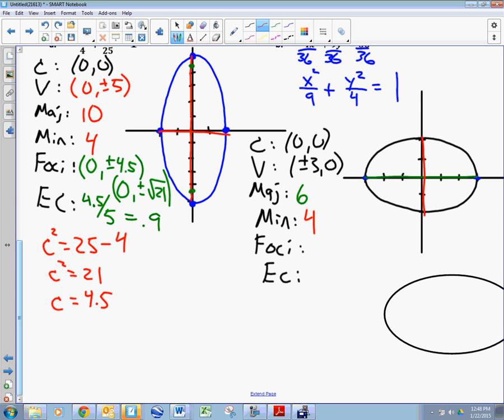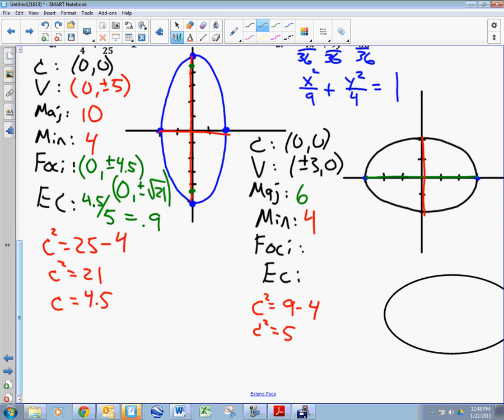See, a lot of people try to figure out the description first, then graph it. I don't like that. I like to do the graph, then the description. It's easier. Okay? Foci, I got to find what value? C. So I go a squared minus b squared. What's a squared? 9 minus 4 is 5.